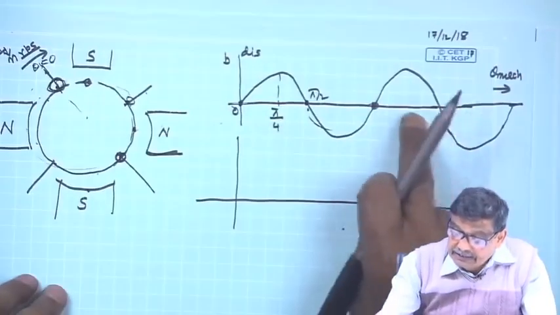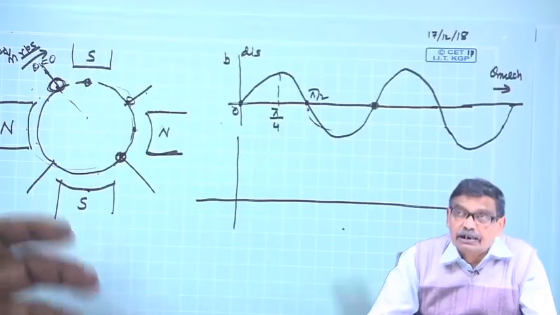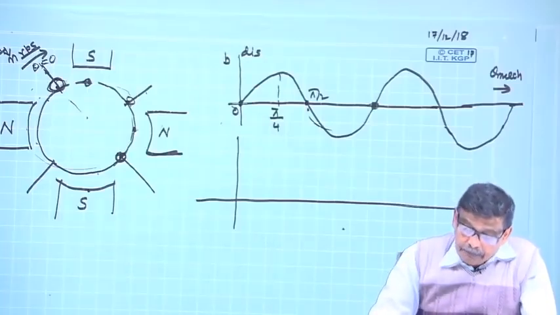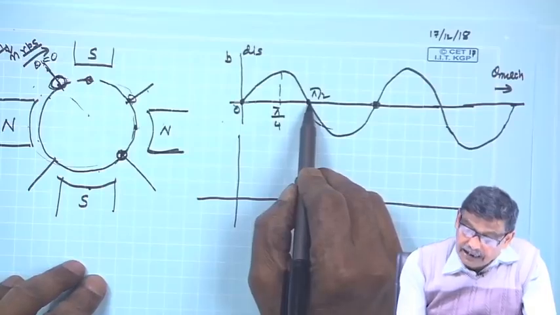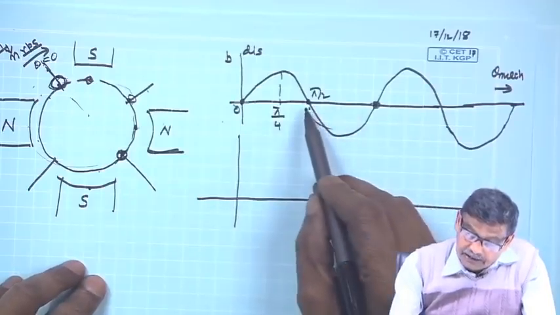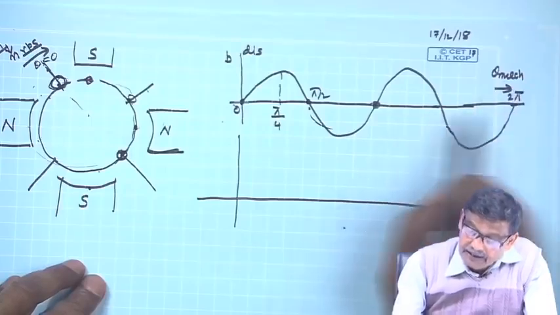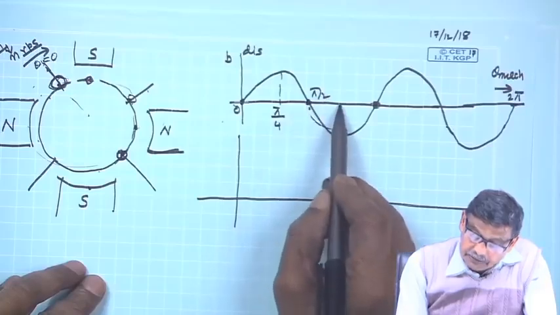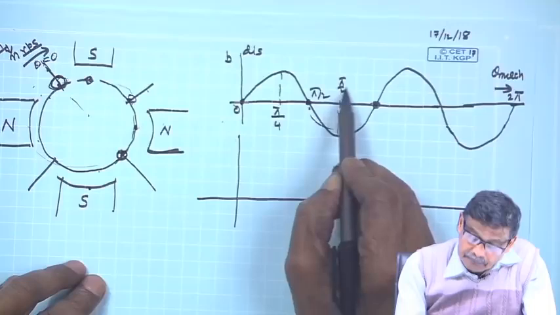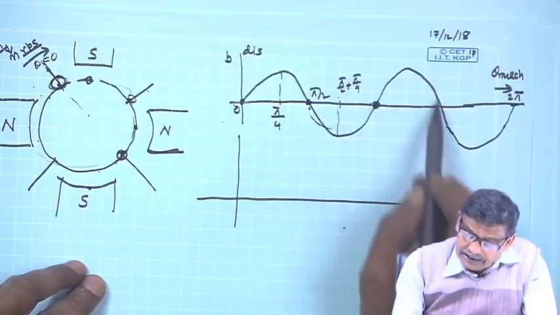If this axis you indicate by theta mechanical angle, the angle the way we understand geometry. If you go on measuring like this, when this will be 2 pi here, you have got pi by 4, so pi by 2 plus another pi by 4, and this will be like that. I can indicate.